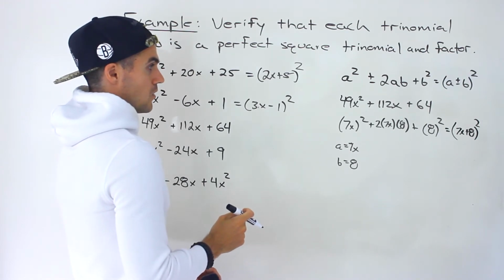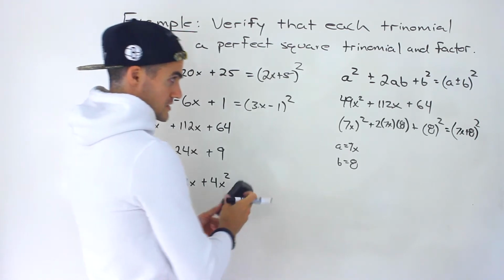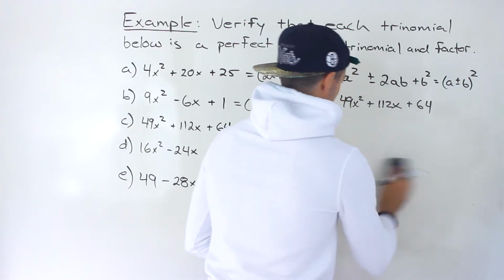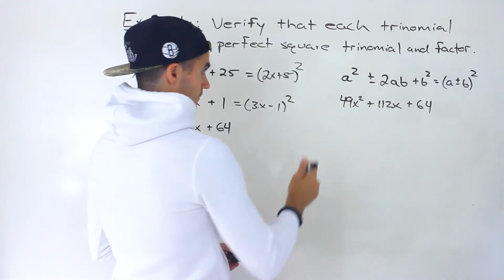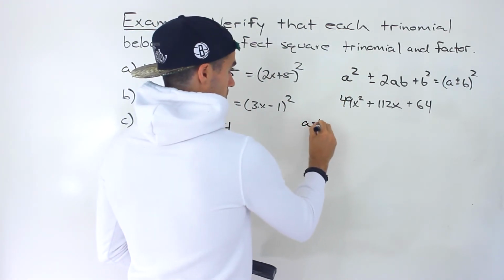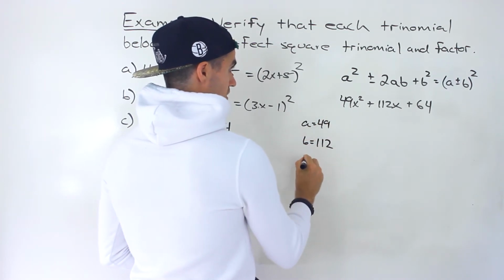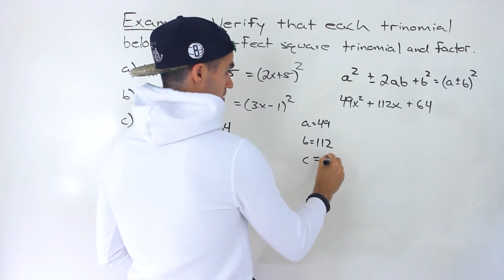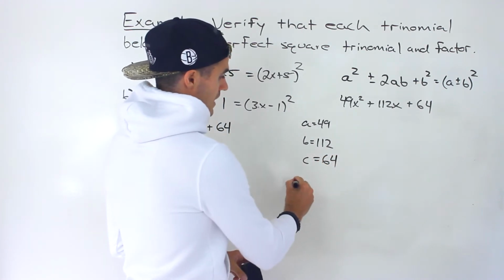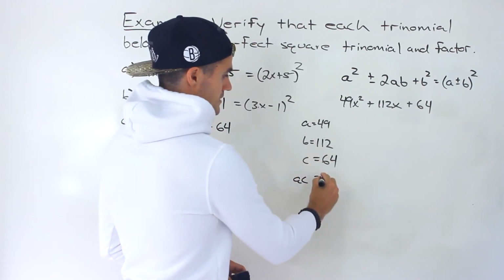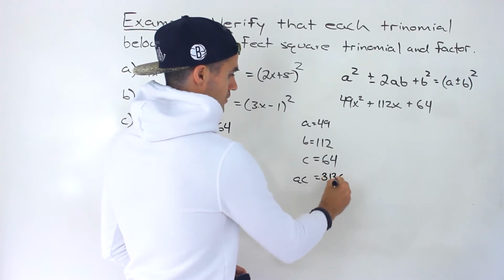Okay, now if we do it with decomposition, notice that the a value is 49, the b value is 112, the c value is 64. So the ac value, if you multiply these two, is going to be 3,136.